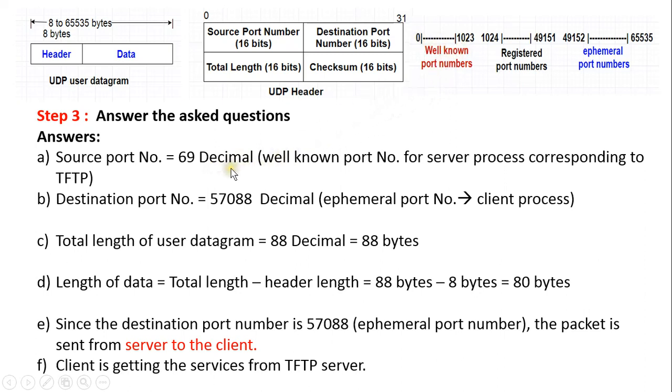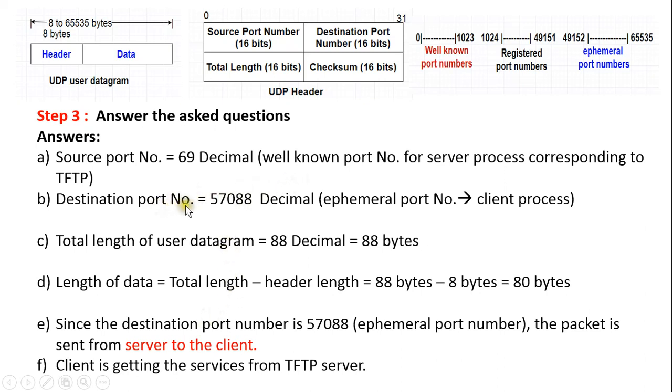And this 69 port number is used by a well-known application called trivial file transfer protocol. Since the source port number belongs to the TFTP server, so the source process is the server process, and thus the communication will be from server side first.